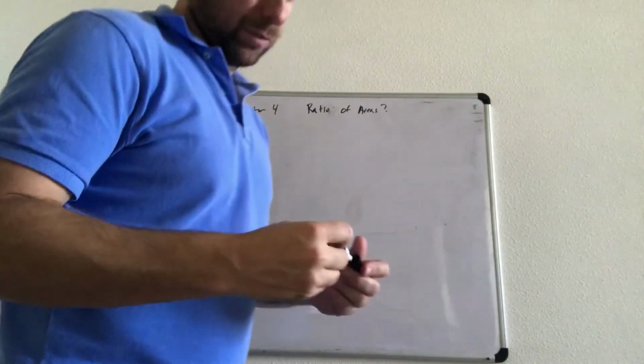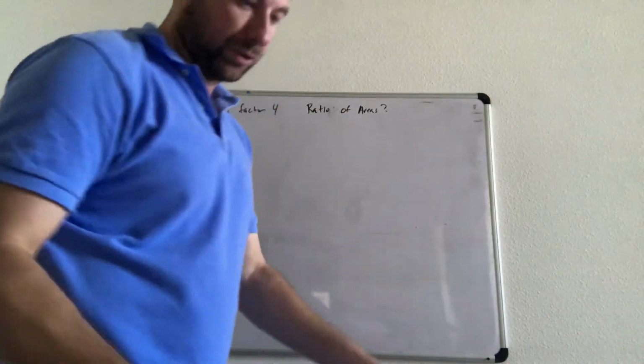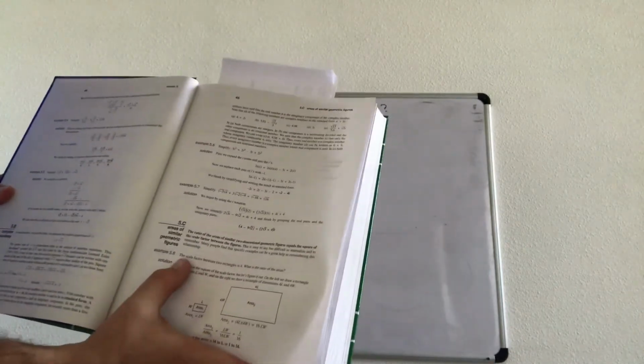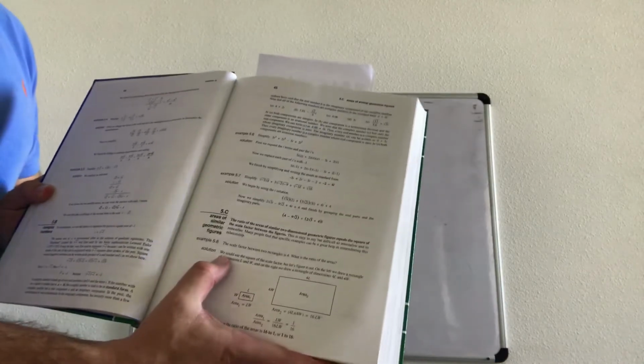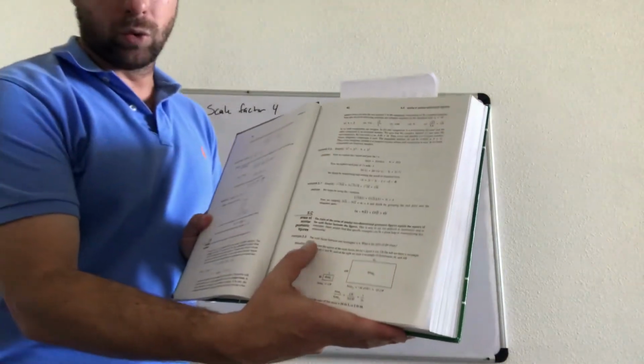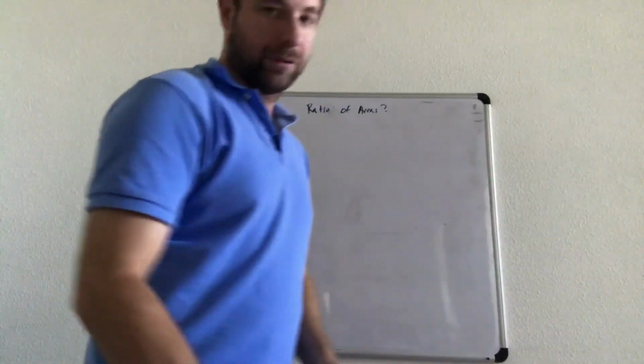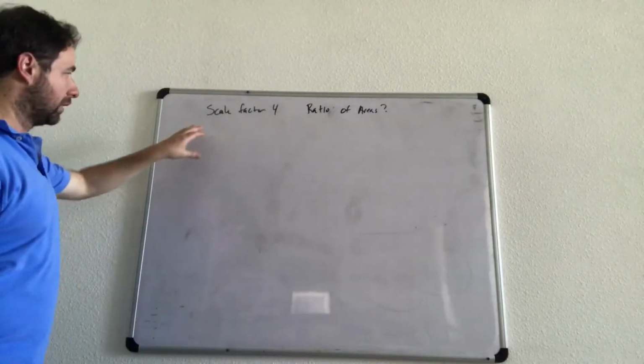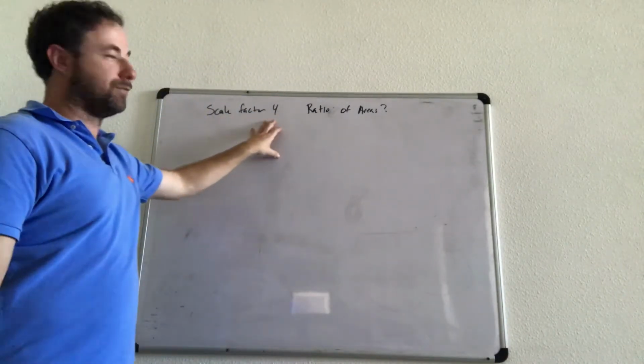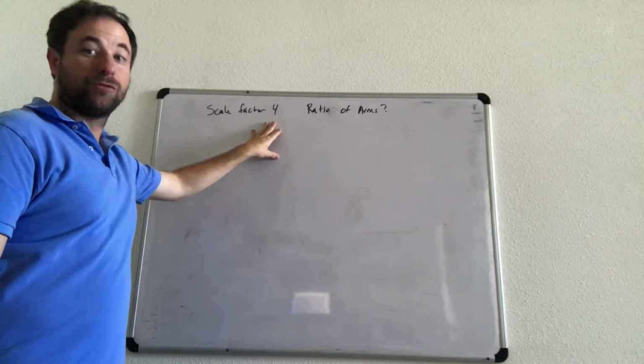In order to really understand this one, you need to look at page 45, 5.C, the first example 5.8, and follow along to make sure, because it's a word problem, so you have to learn to draw this out. But I just wrote down what was necessary. It says the scale factor of 2 rectangles is 4.